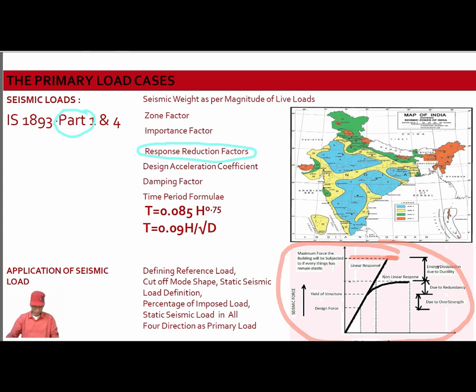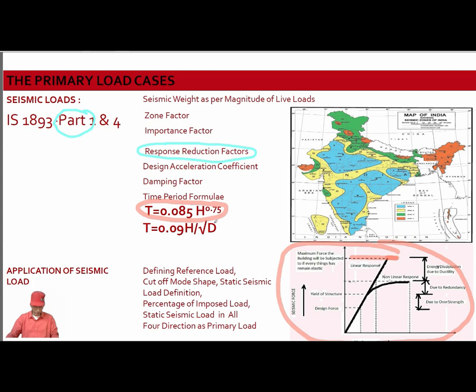Now next comes the time period formula. For this structure we have both a moment resisting frame and a concentric braced frame. For the moment resisting frame, the time period formula given by the code is the first one. For other types of structure, the formula given is 0.09h by root d.